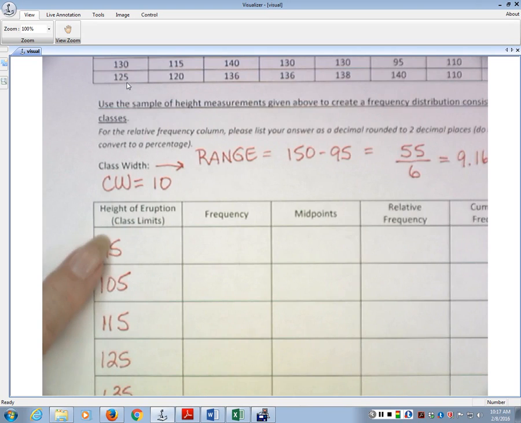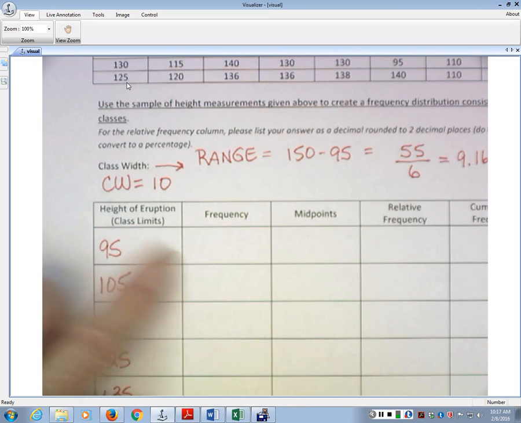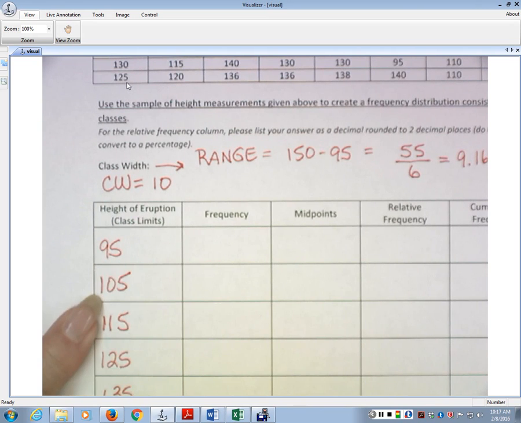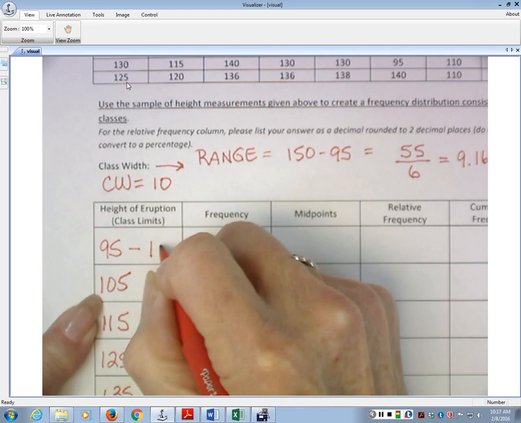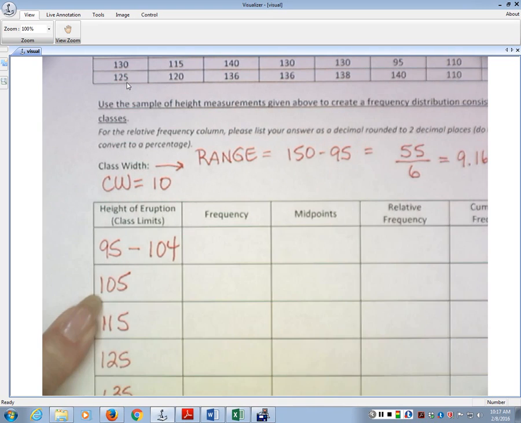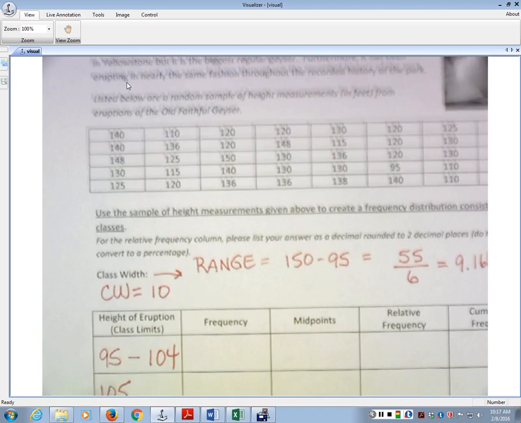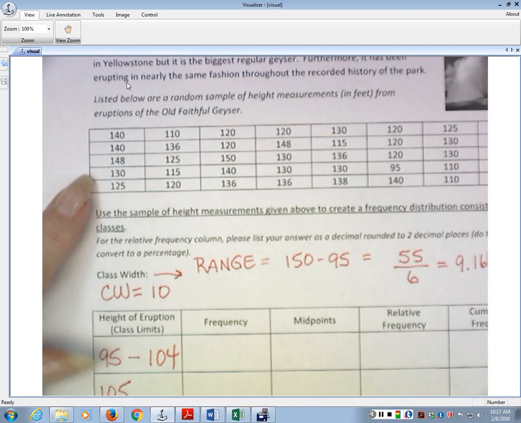Now this class goes from 95 to something, and the next class begins with 105, so the upper class limit here must be 104, because we don't have any decimal values. If we had decimal values, then we would have to take that into account, but these are all whole numbers.